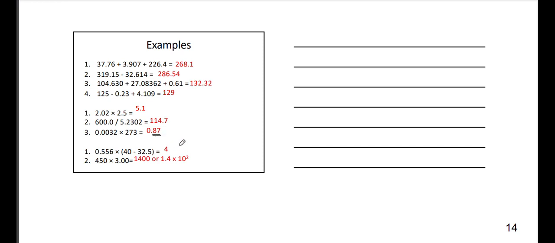I can't have 3 because the 0 to the left of the decimal is not going to count as a sig fig. So if I put this on the calculator, the number I'll be getting is 0.8736. But I can only report down to here, and the 7 is not going to be rounded up because the 3 is less than 5, so it's 0.87.